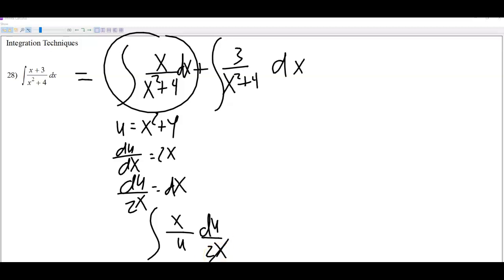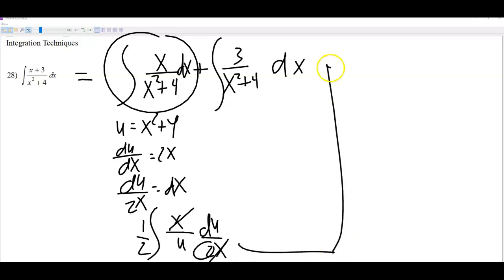And then this x cancels this x, and the 2 can come out to the front as a half because it's in the denominator. And so, continuing that over here, then I have 1 over 2 integral of 1 over u du. And that's an ln, so I can just do ln.